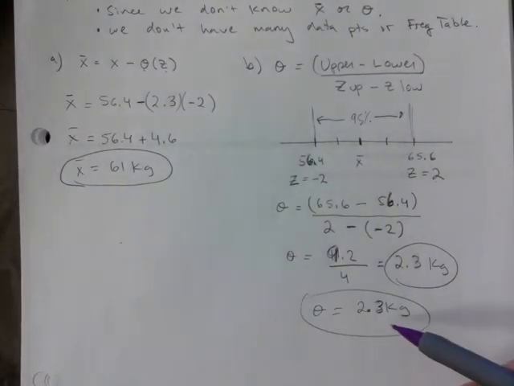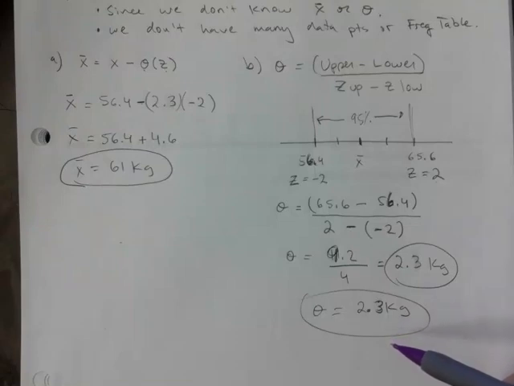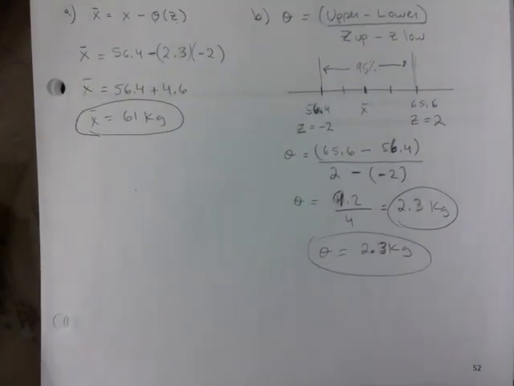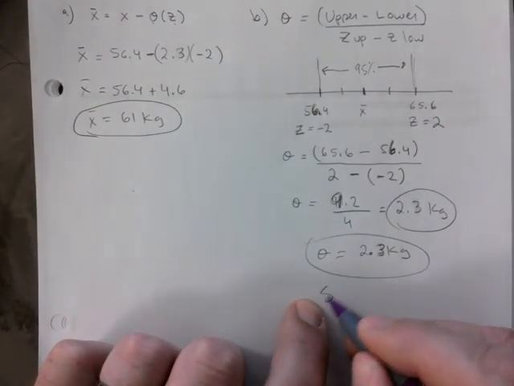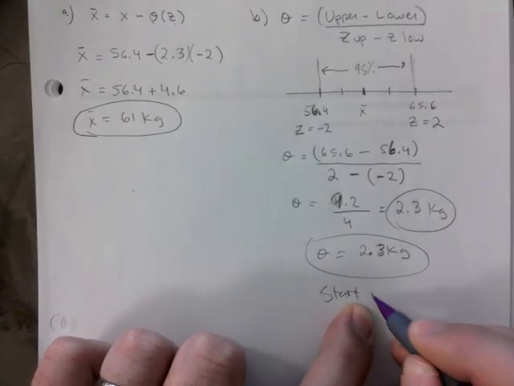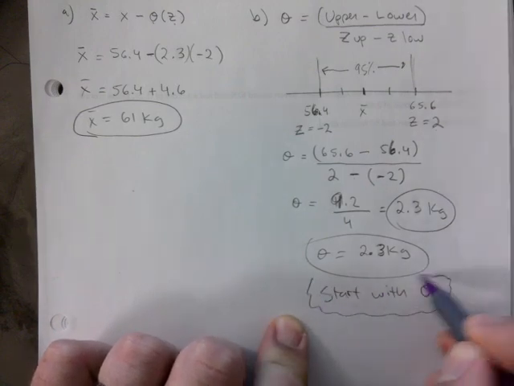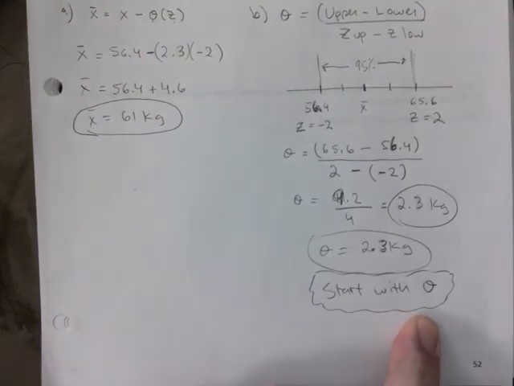And this is the standard deviation of the set. Okay. I will say this in your question: I will always say start with standard deviation every single time before you find your mean.